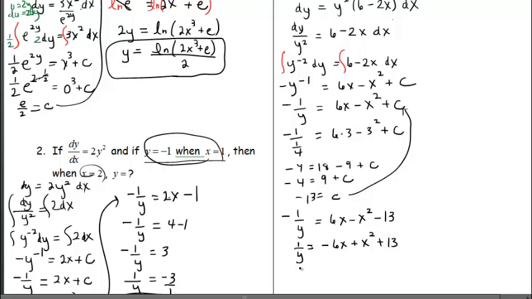Yeah, everything looks good. And then I'm just going to flip. Okay, I'm going to put this all over 1. So y equals 1 over this expression. Kind of strange. But easy enough, not too bad actually. Okay, so that's finding particular solutions.